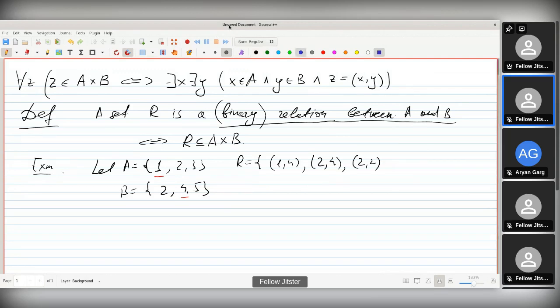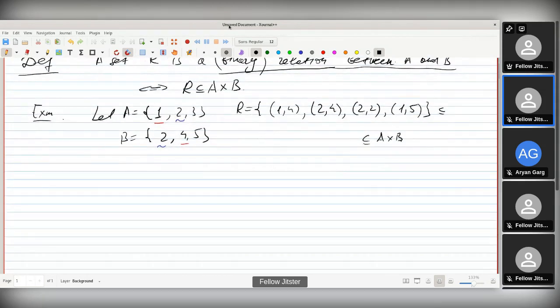It is well possible because 2 is present in both these sets. And 1 and 5. So here it is. It is a binary relation between A and B.